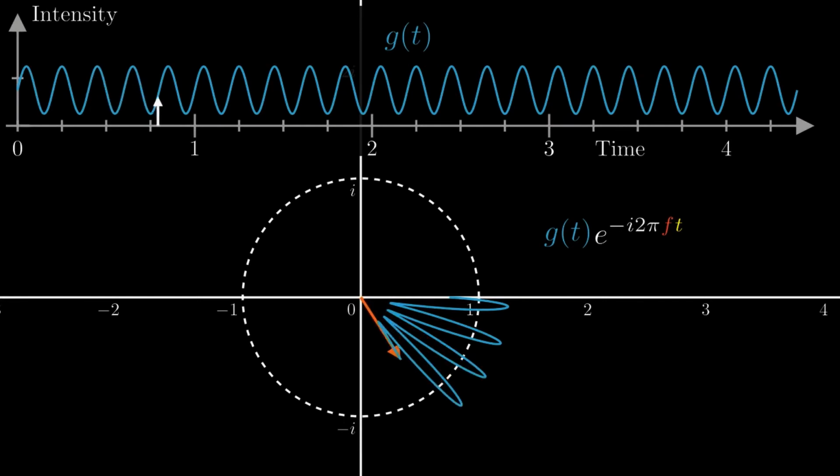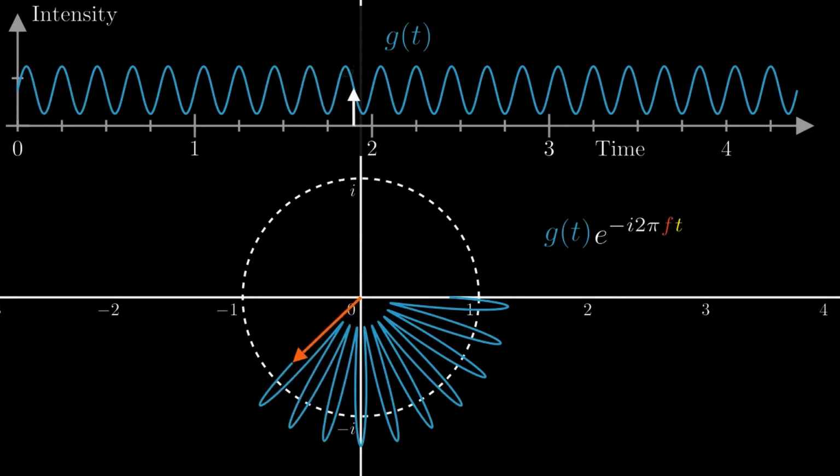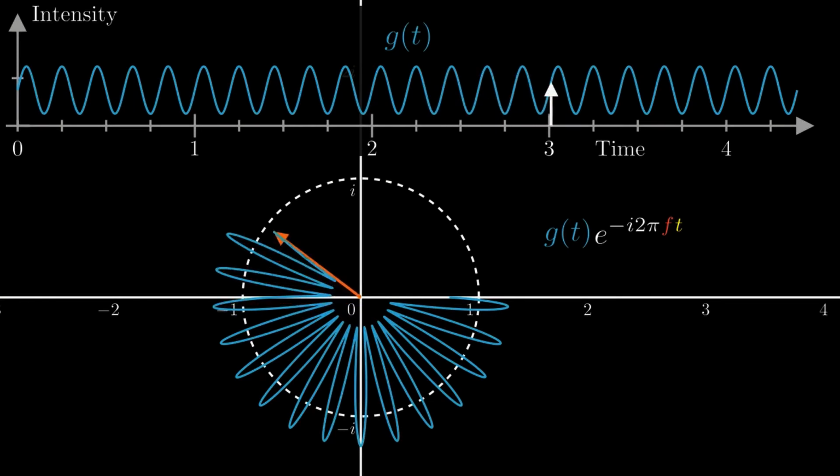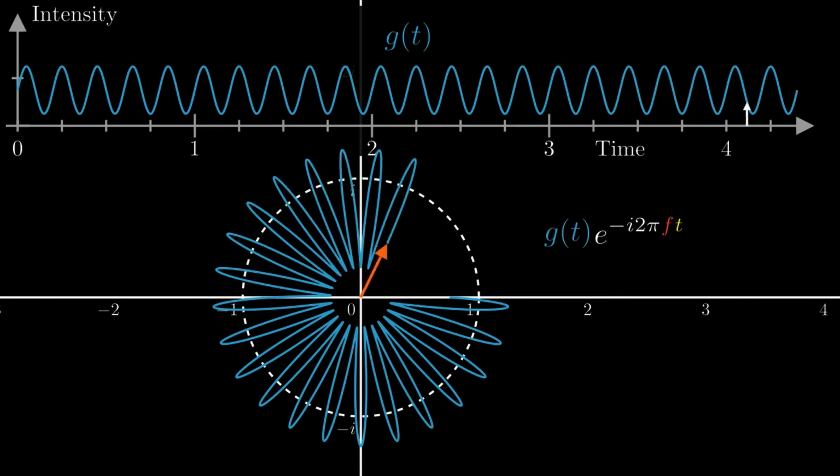If we now multiply g of t with our exponential expression, it means that our vector gets scaled up and down depending on the shape of our function g of t. Just think of this as the r in the description of a polar coordinate to describe any complex number on the plane. This is awesome!